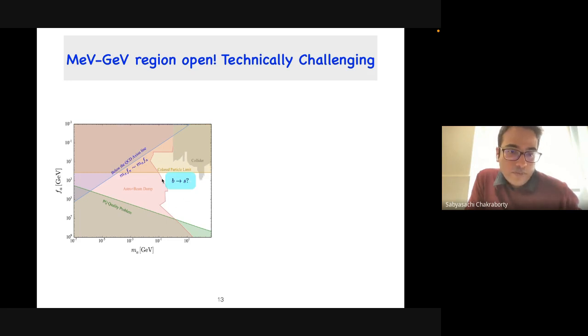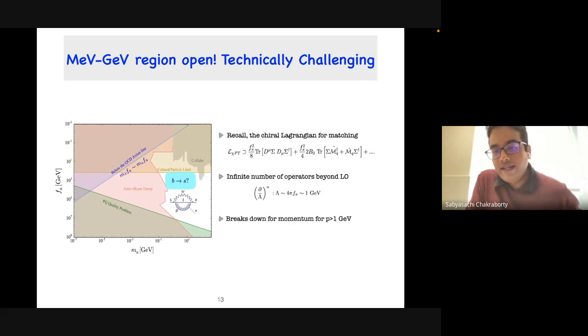But the problem is when you talk about few hundred MeV to few GeV, B to S transition is one of the best examples. And the moment I talk about QCD axion and B to S transition, it is clear to you that it becomes a two-loop process. So it's technically challenging. And another thing is you cannot use chiral Lagrangian anymore, because next to leading order terms in chiral Lagrangian come up with this suppression delta over lambda.